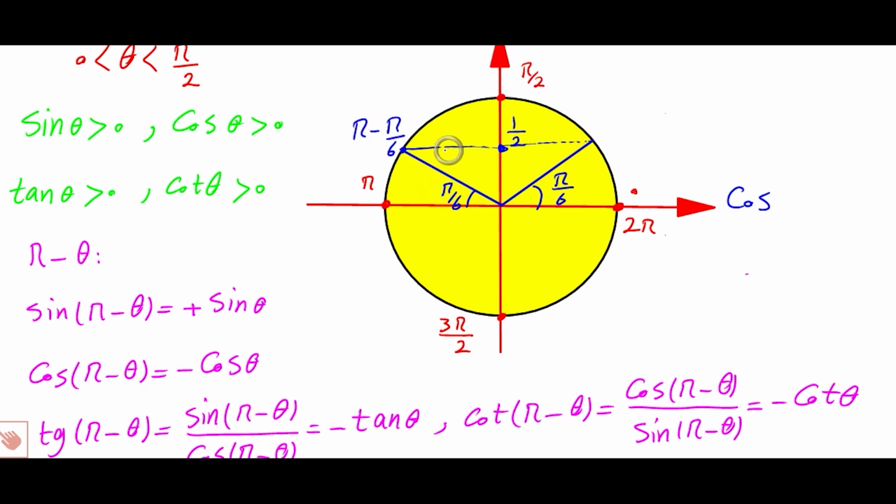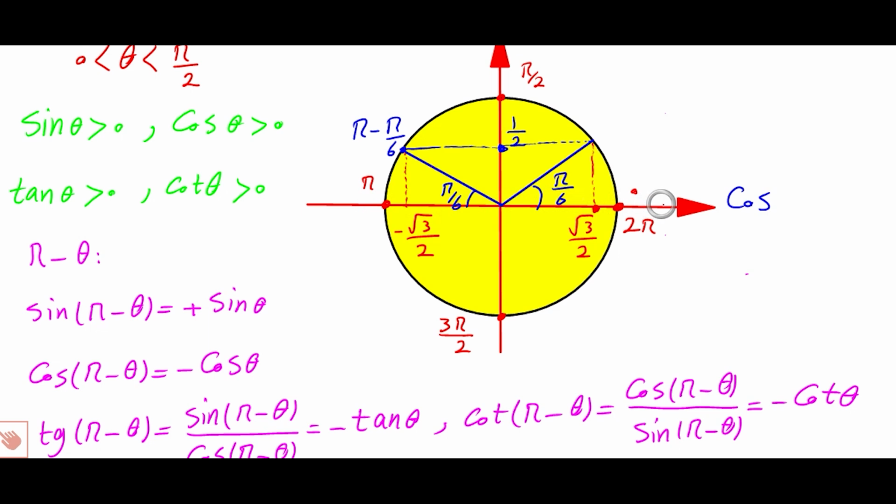And cosine of pi over 6 is here, is equal to the square root of 3 over 2. And cosine of pi minus pi over 6 is here, is equal to minus the square root of 3 over 2.